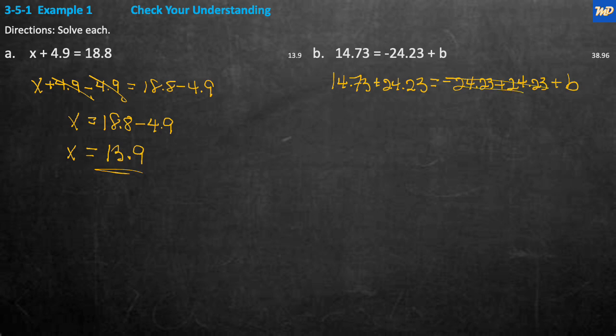These 24s will cancel, and I'm left with the B on the right this time. And that B is equal to 14.73 plus 24.23. And if you add them together, B will equal 38.96. Okay? Good deal.